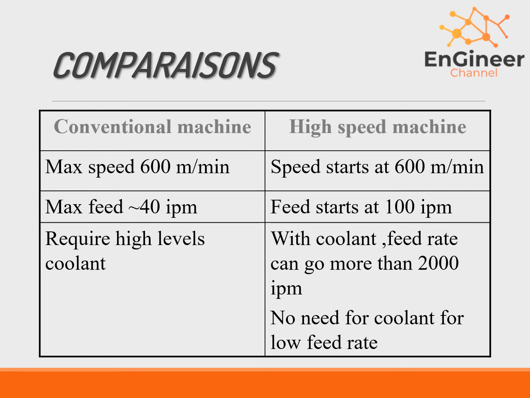The max feed in the conventional machine is 40. The feed starts at 100 in high-speed machines. In the conventional machine, we require high levels of coolant, but in the high-speed machine with coolant, feed rate can go more than 2000, and there is no need for coolant for low feed rate.